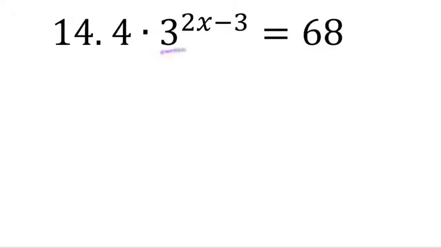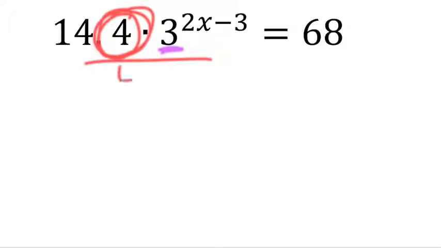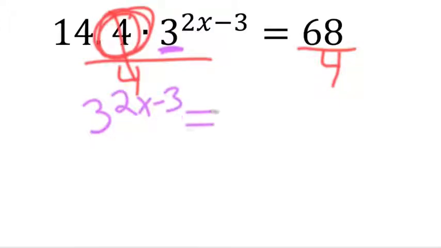Still do not have our base by itself, so we cannot simply go to our log form. We've got to get rid of our multiplied by 4, so we divide by 4. 4 divided by 4 is 1, so it cancels out. So we're left with 3 raised to the 2x minus 3 equals 68 divided by 4, which simplifies to 16.